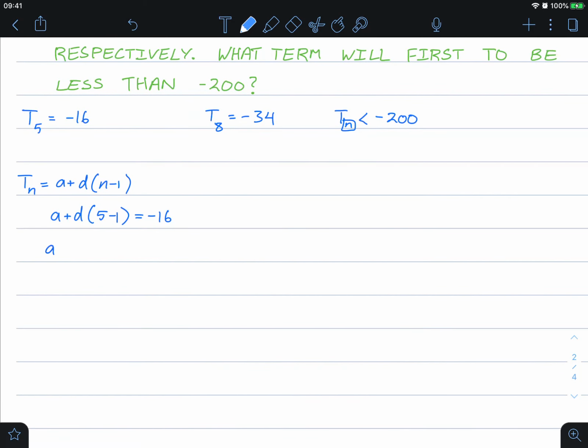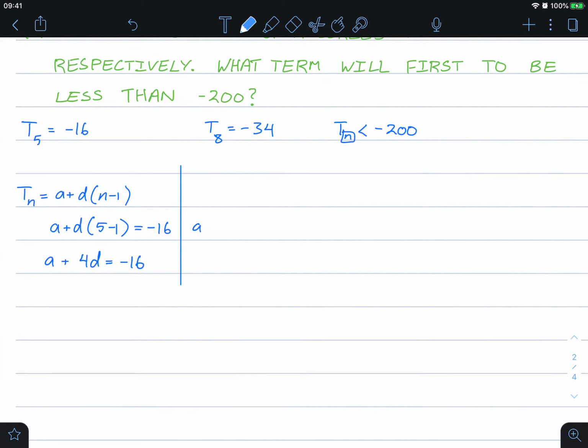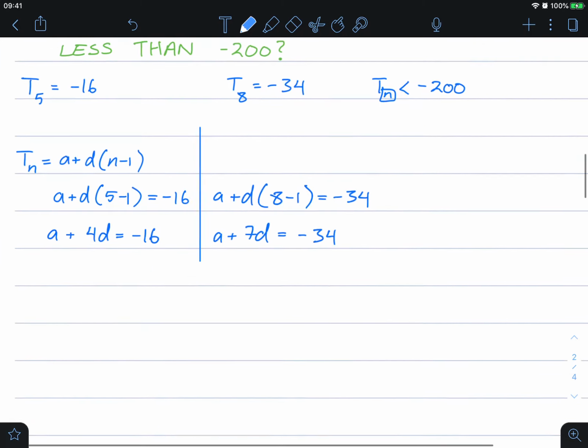So we get a plus 4d is equal to negative 16. And if we do the exact same idea for the 8th term, we get a plus d times 8 take away 1 is equal to negative 34. Well, we get a plus 7d is equal to negative 34.